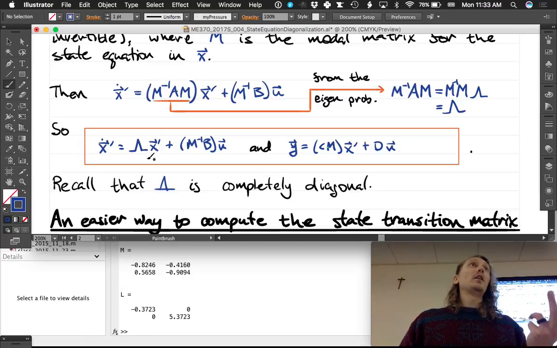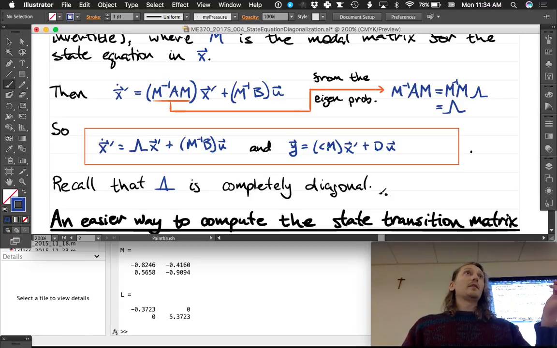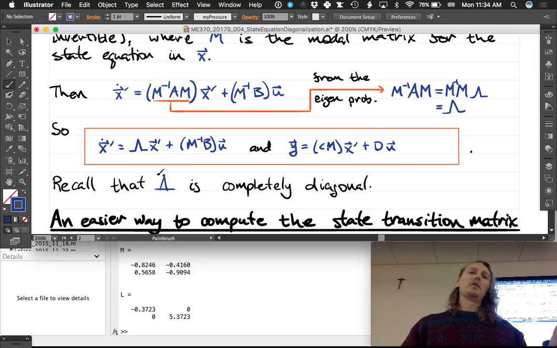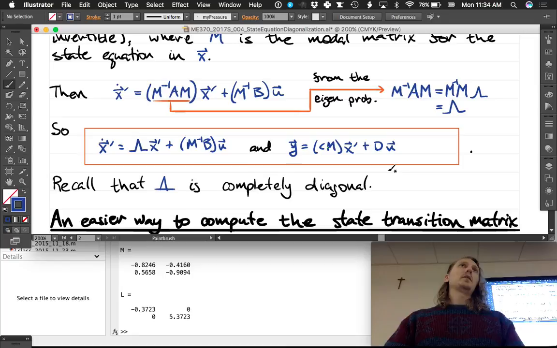We can just say, if I want a diagonalized form, all I need to do is find my eigenvalues and my eigenvectors, and that defines big lambda and big M, right? And then I could just use this expression for the state equation, and this one for the output equation. And I'm done.